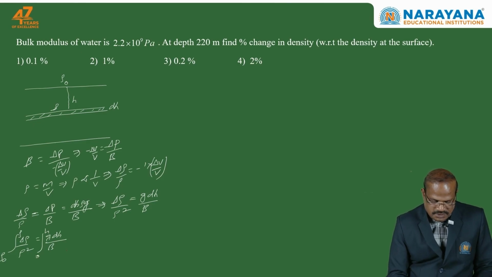At the surface the density is rho naught, and at depth H the density is rho.